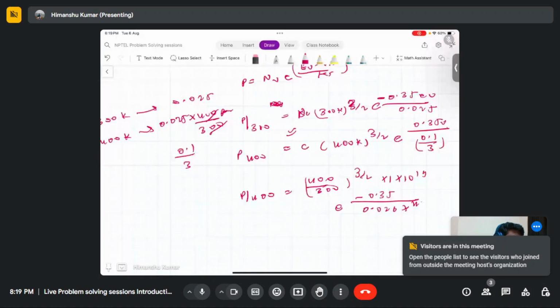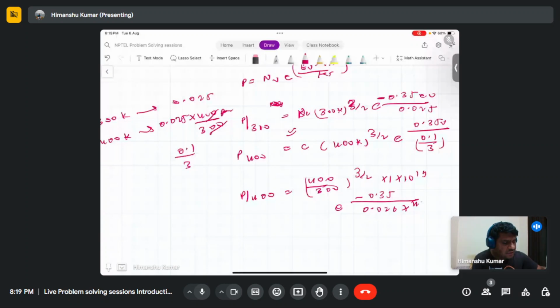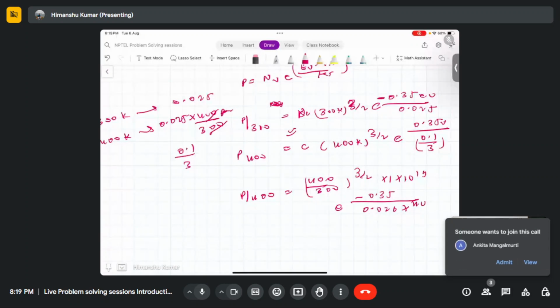If you solve this, you will get 6.2 into 10 power 14 per centimeter cube.